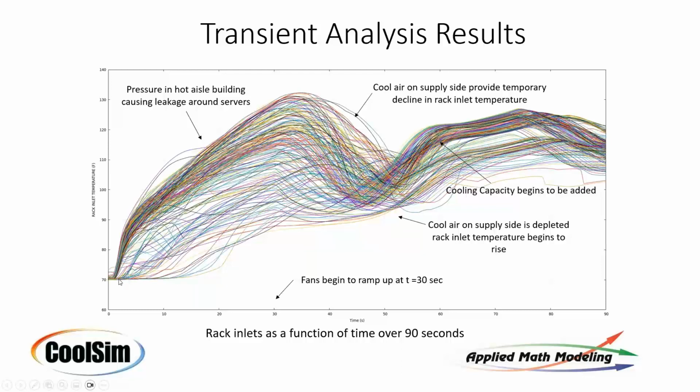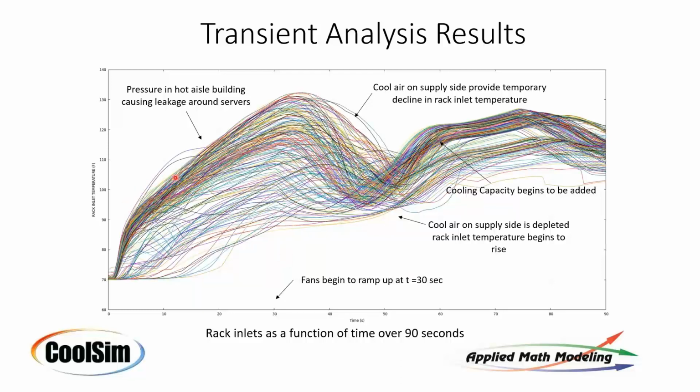So what you see in this plot is very quickly we have a problem. Now these numbers are small, so I'll read them to you. We go from 70 degrees supply air temp to 110, this is 120, this is 130, 130 degrees of rack inlet temp. Now this is max inlet temp, so this could be anywhere on the rack inlet, but what you're seeing is within 30 seconds, you're already at 130 degree rack inlet temp.